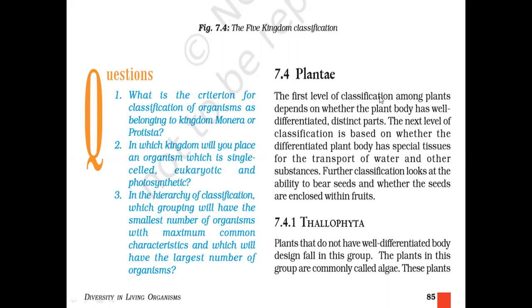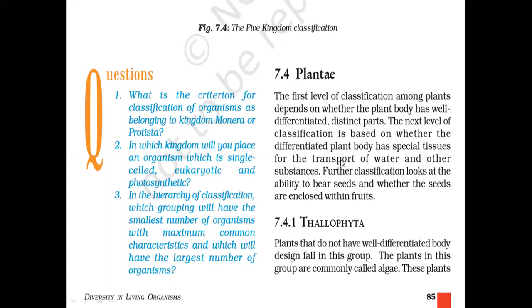The first level of classification among plants depends on whether the plant body has well differentiated distinct parts, that is, roots, stems, etc. The next level of classification is based on whether the differentiated plant body has special tissues for the transport of water and other substances.